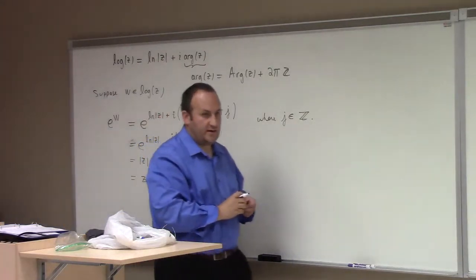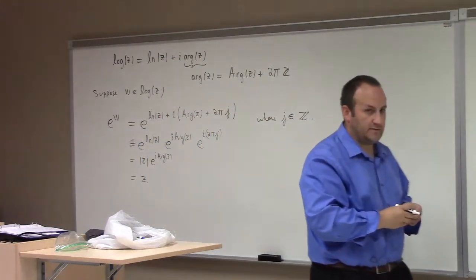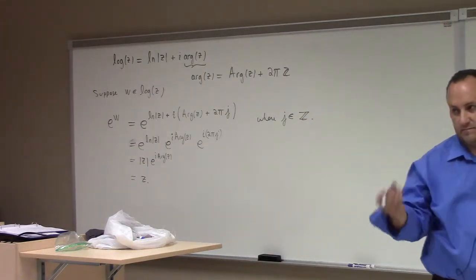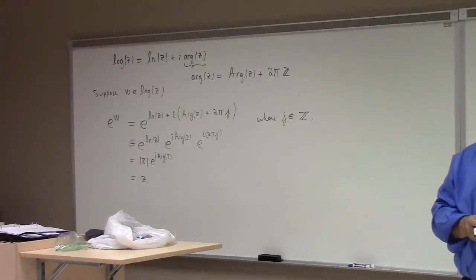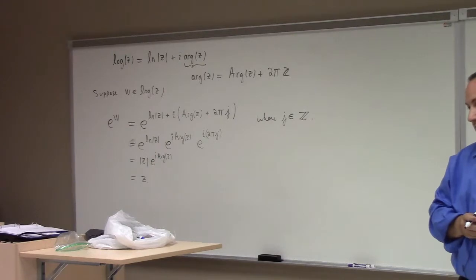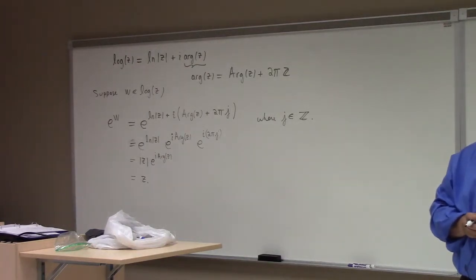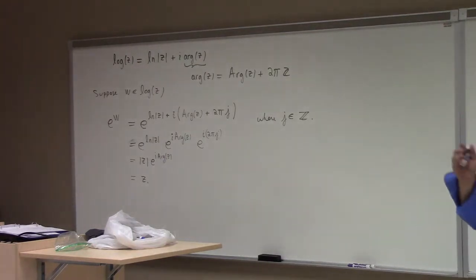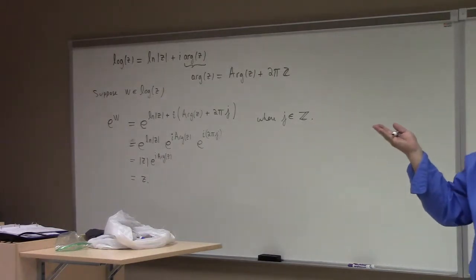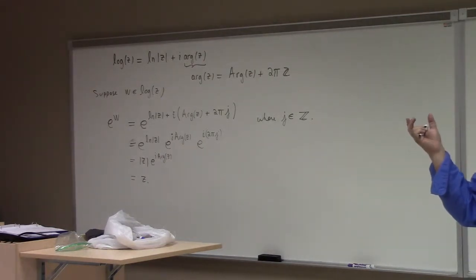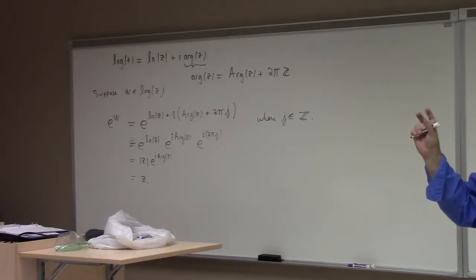That shows you that every single element of the little logarithm set solves z equals e to the w. This is the meaning of little logarithm: it's the set of all solutions to z equals e to the w. There's more than one solution because the imaginary exponential is not injective. It's not one-to-one, so that departure from injectivity means there's more than one way to solve for w.